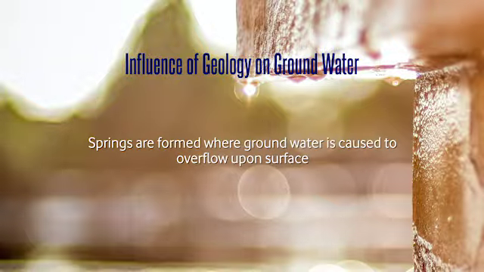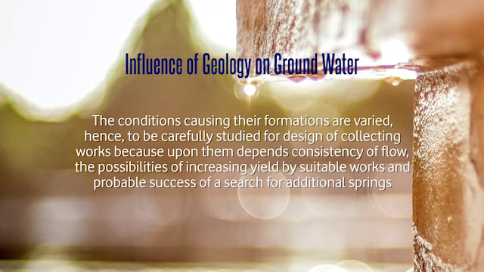Now, springs. Springs are formed where groundwater is caused to overflow upon the surface. The conditions causing their formation are varied, hence to be carefully studied for design of collecting works, because upon them depends consistency of flow, the possibilities of increasing yield by suitable works and probable success of a search for additional springs.